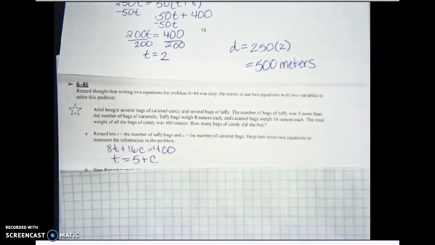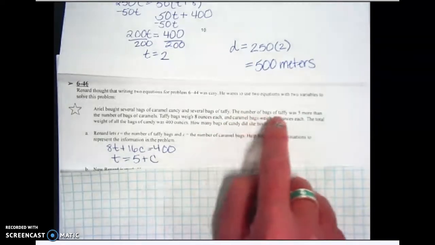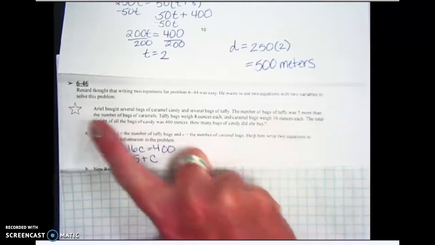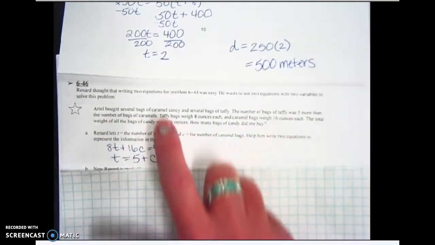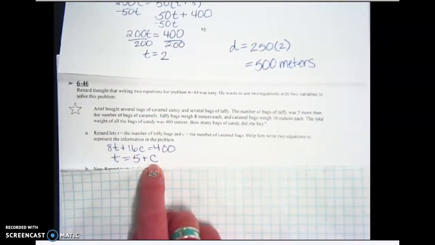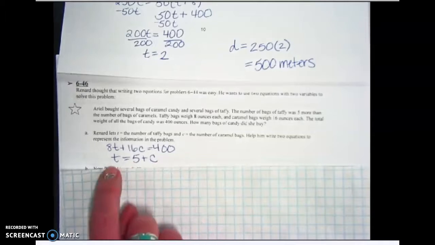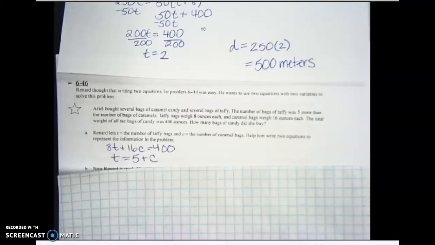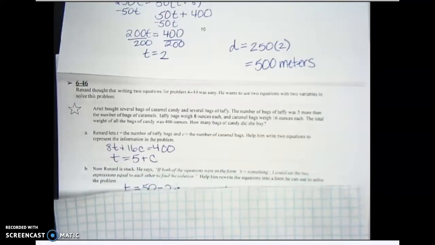The other equation is going to have to do with how many bags you have. It says the number of bags of taffy was 5 more than the number of bags of caramel. So if you take the caramel bags, you add 5, that's going to be equal to how many taffy you have. Okay? So those are your 2 equations for that scenario.